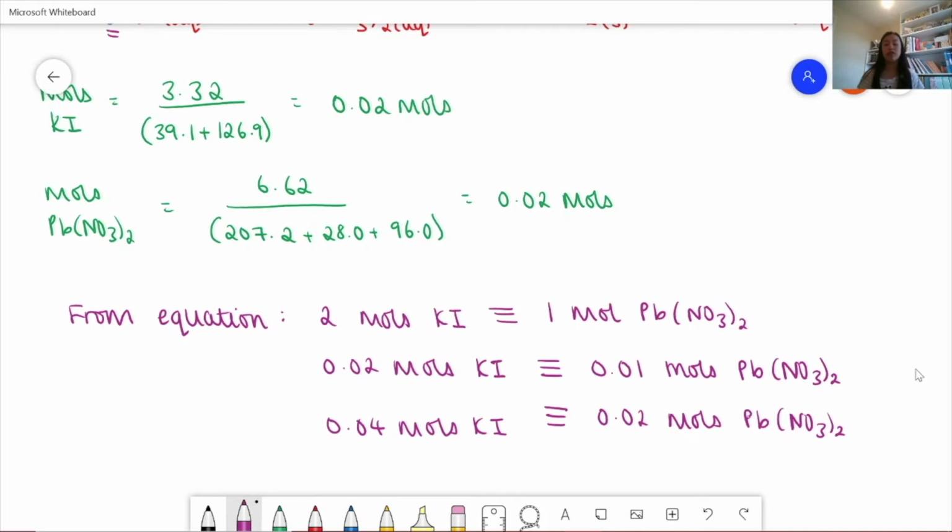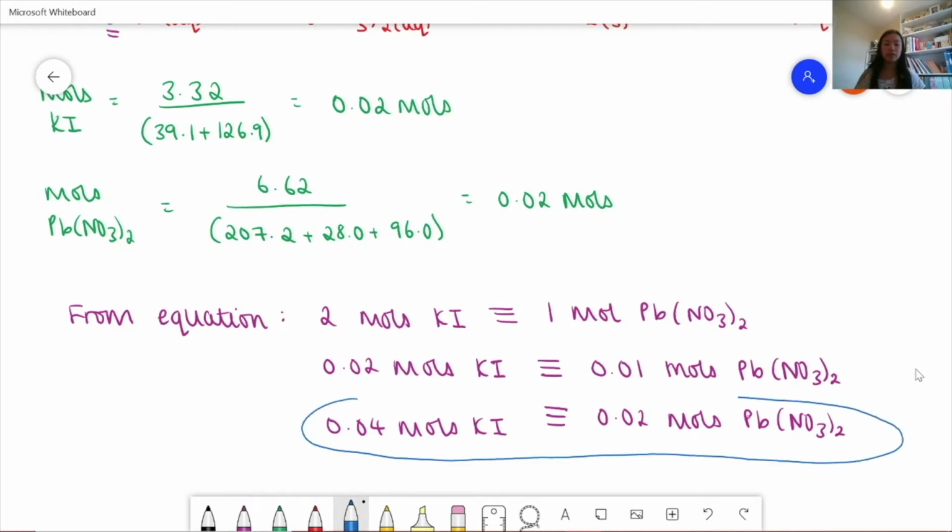So we need double the amount of moles of potassium iodide as of the lead nitrate. And so we can see that this one at the bottom can't happen because we don't have enough of this potassium iodide. And so this is the reaction which happens.